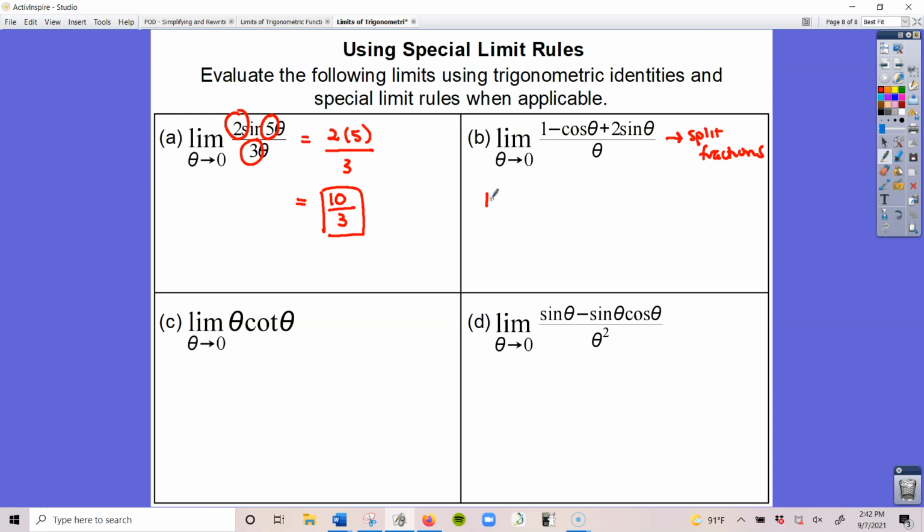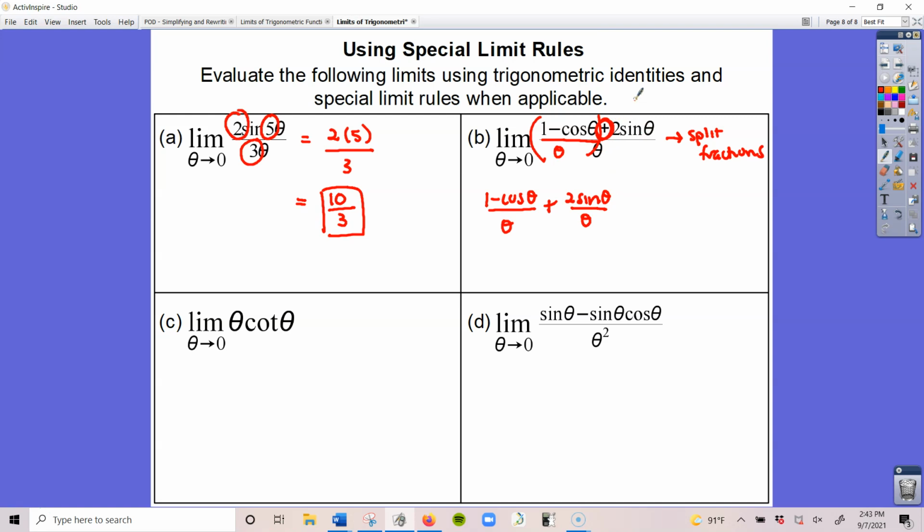We know that 1 minus cosine theta over theta is a special limit. See, because all of this is being divided by theta. And then plus, because of this plus here, the 2 sine theta is also being divided by theta. So you see what I mean, that I split it up.